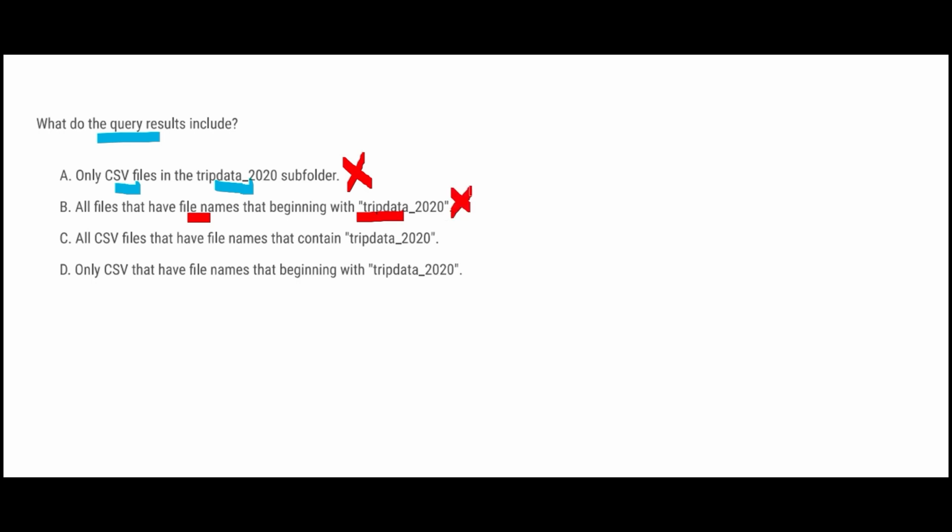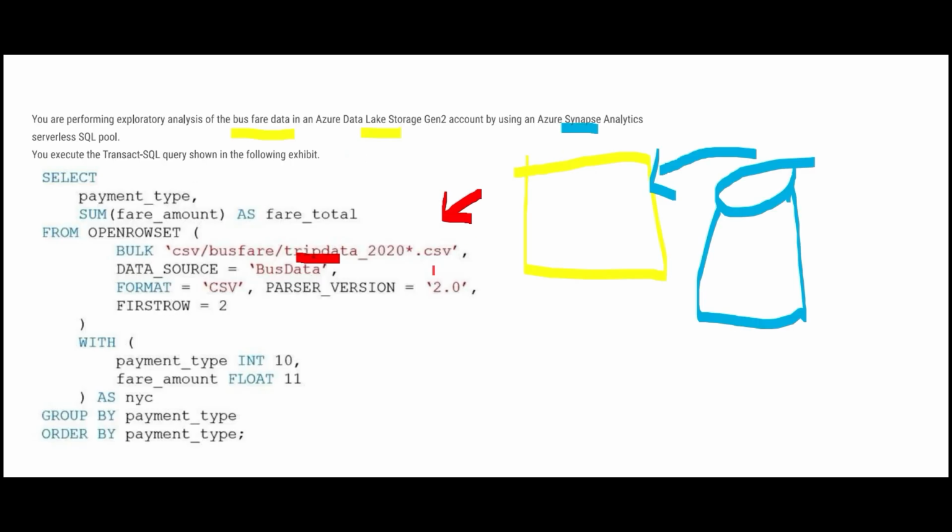Then C says it will give all CSV files where the file name contains trip data 2020. First of all, it will not return all files, because it is only CSV. That is point one. Second, you have a star here. Star means anything that starts with trip data underscore 2020, and then any word can come, but it should start with trip data underscore 2020, because the star is after this word. So this word will always be at the start.